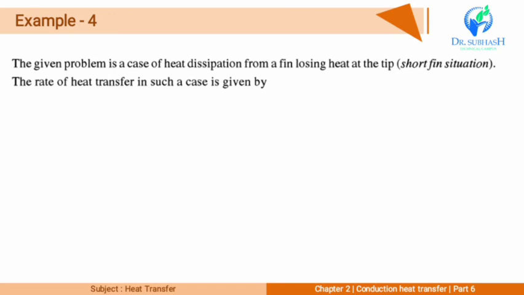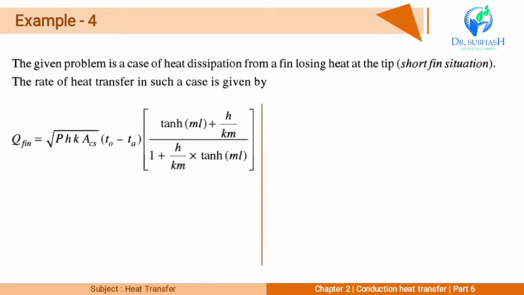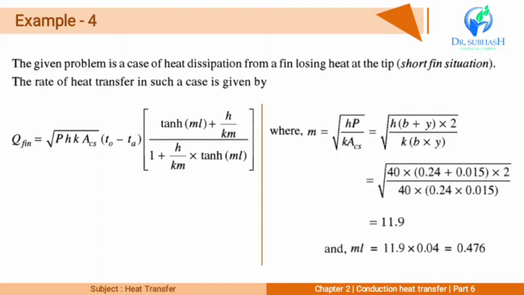The given problem is a case of heat dissipation from a fin losing heat at the tip, a short fin situation, so the rate of heat transfer in such a case is given by Q equals under root of P into H into K into A, multiplied by temperature difference T0 minus TA, multiplied by [tanh ml plus H by Km] divided by [1 plus H by Km into tanh ml].